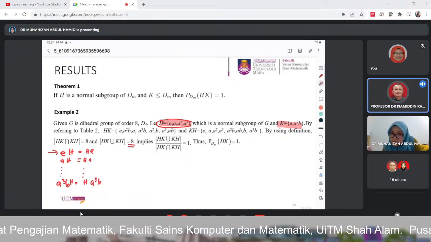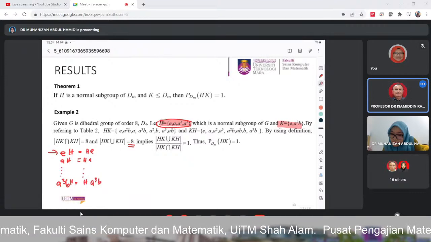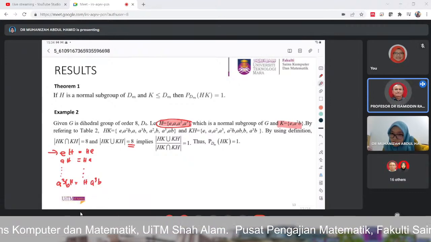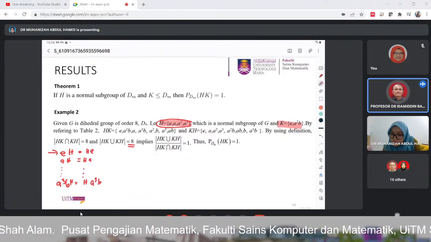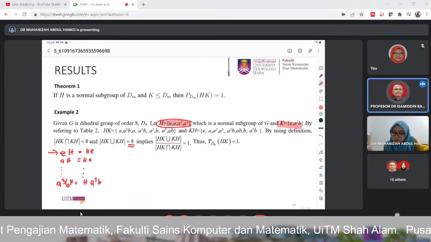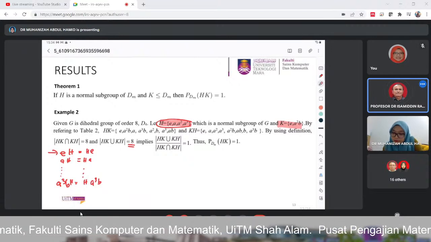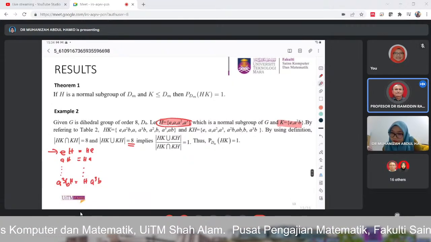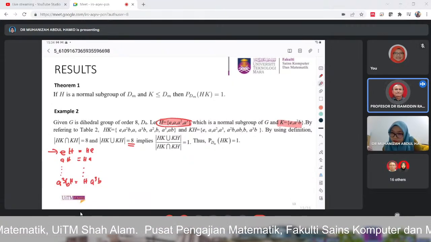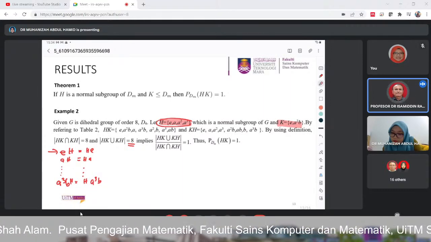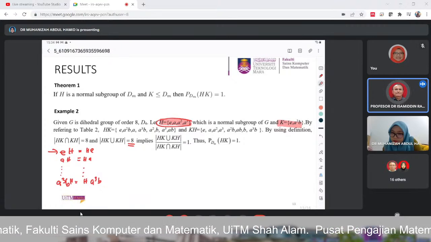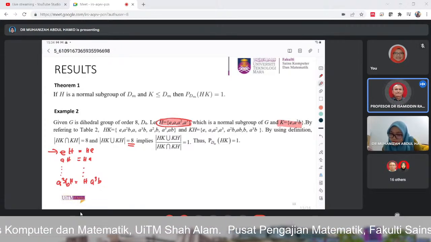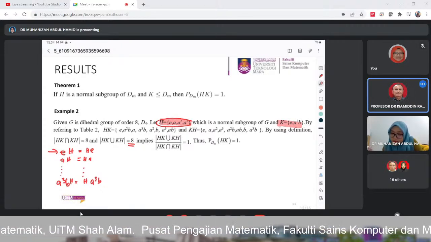This is the first thing I should take into account. Secondly, since HK equals KH, the number of elements of the intersection and the number of elements of the union will be the same. So that's why in this case it's trivial. Do you have any theoretical proof for theorem 1?